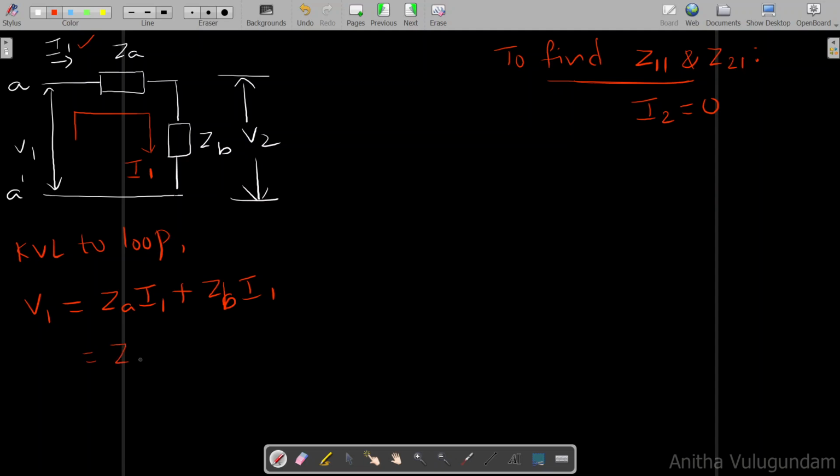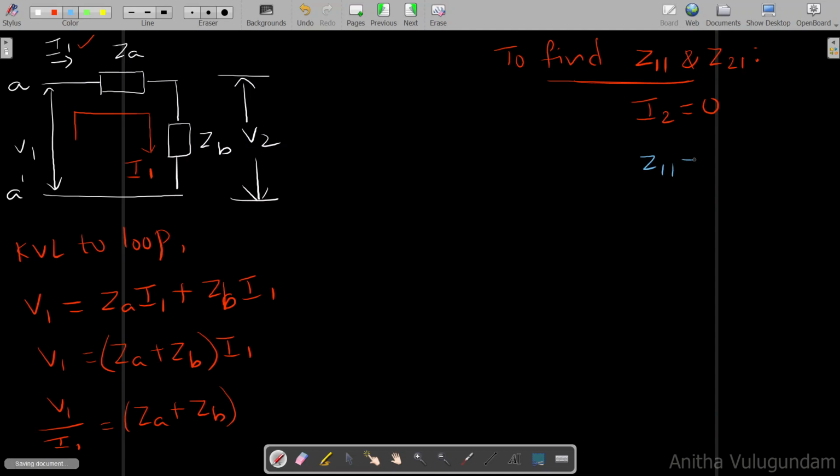I can write this as ZA plus ZB into I1. So V1 by I1 equal to ZA plus ZB. V1 by I1 is nothing but Z11. So Z11 equal to V1 by I1 when I2 equal to 0.